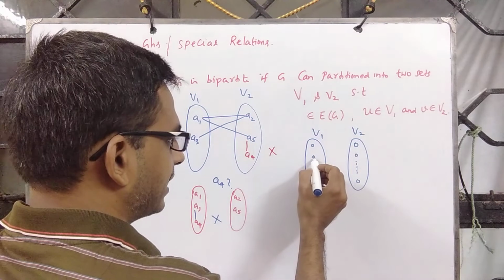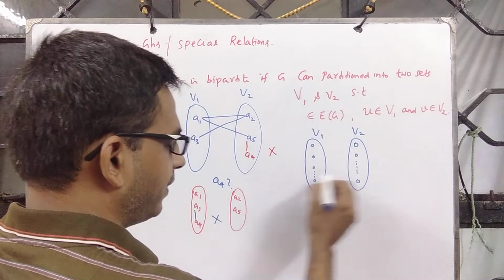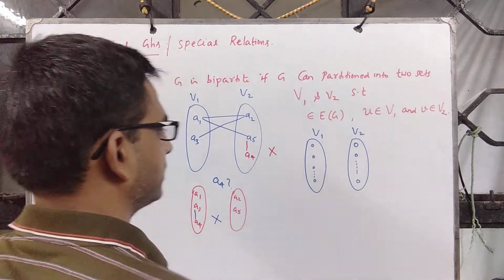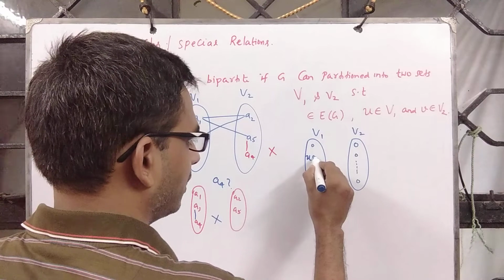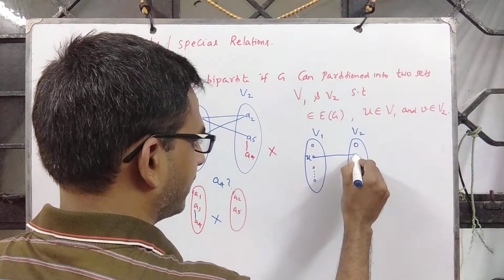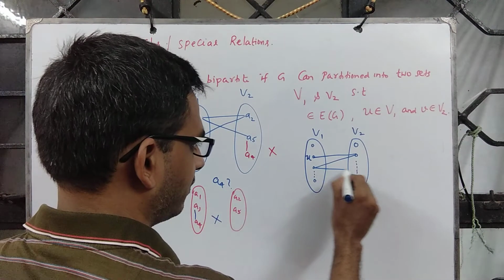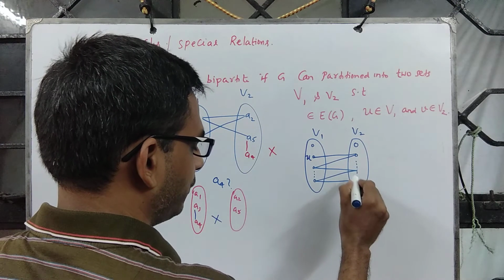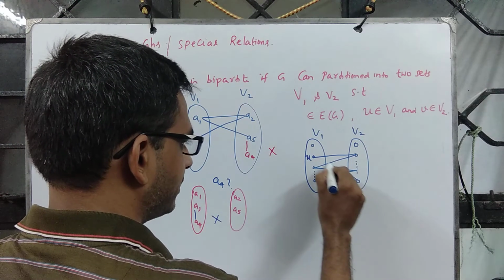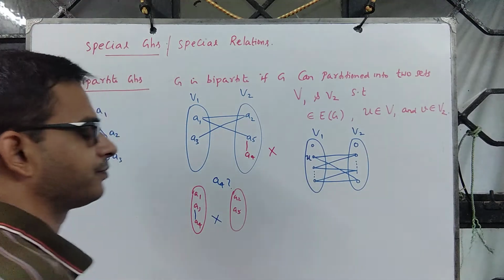A cycle starts from some vertex, then alternates between V1 and V2, and then comes back. You choose some vertex. Let me choose this vertex. So we go here and then come over here, go here. Like this we alternate. And when the cycle completes, you come back to this.